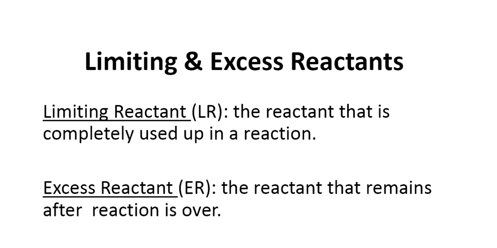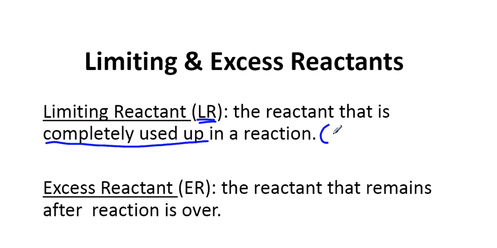So let's now switch gears and start to think about chemistry. So what's actually going on with chemistry and limiting and excess reactant? The limiting reactant, we're going to abbreviate that for reference as LR, is a reactant that's completely used up in a chemical reaction.